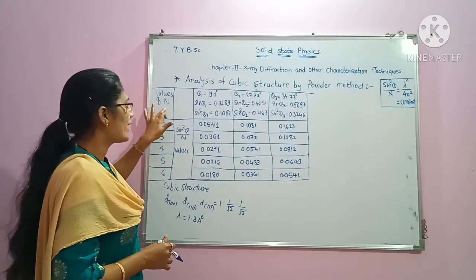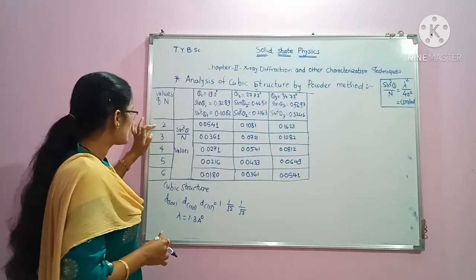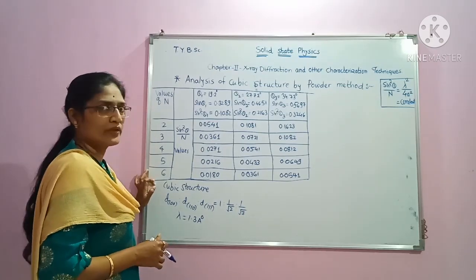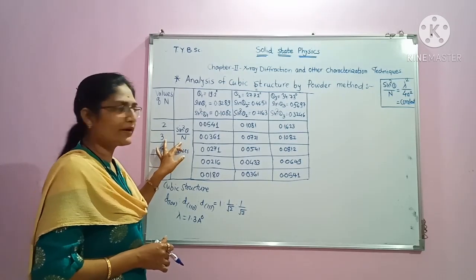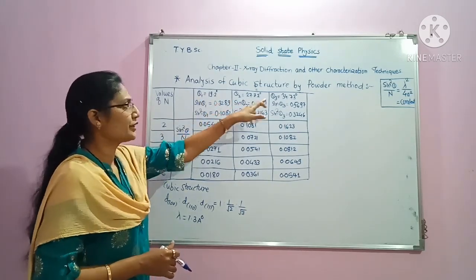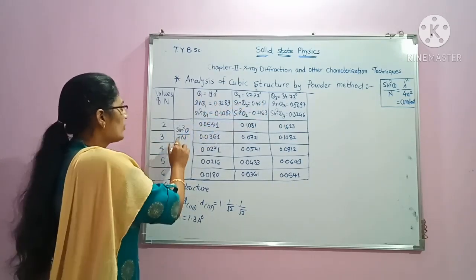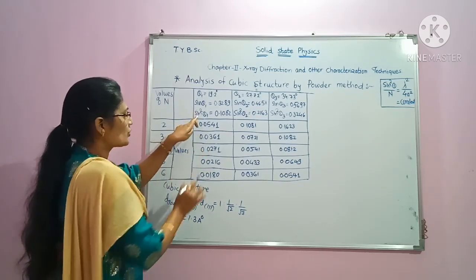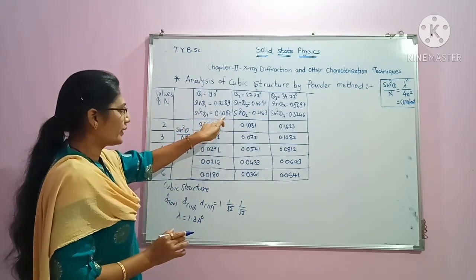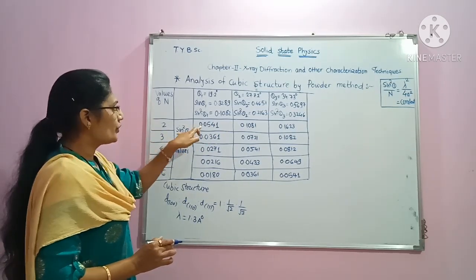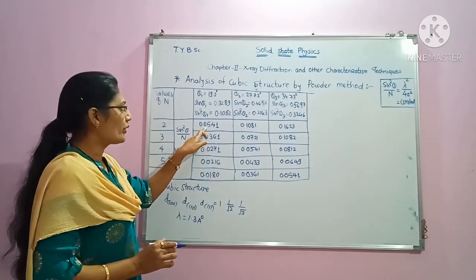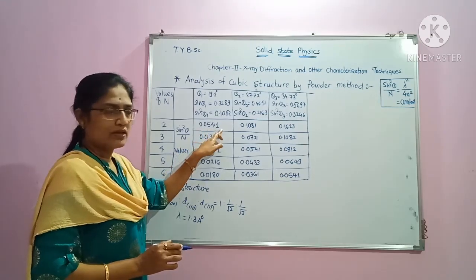So we have obtained the values of theta 1, theta 2, theta 3 from that symmetric pattern, and we have considered the n values as 2, 3, 4, 5, 6. Here sin square theta upon n we have to find out for theta 1, theta 2 and theta 3. If we substitute the value of sin square theta 1, that is 0.1082, divided by n as 2, we will obtain the value as 0.0541.